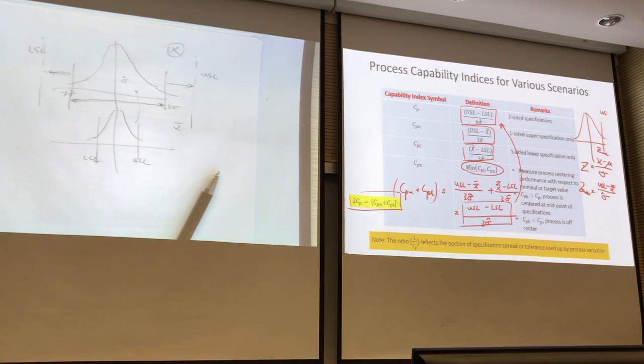So this is equal to upper spec limit minus this guy here, divided by sigma.